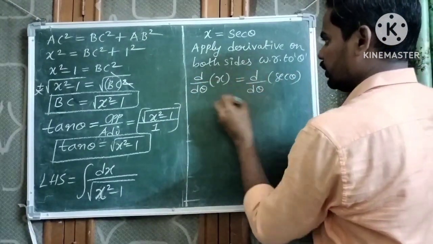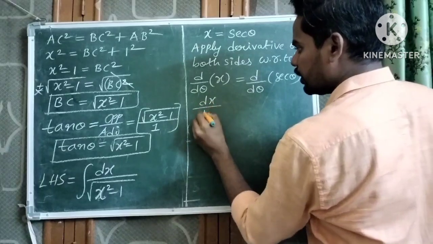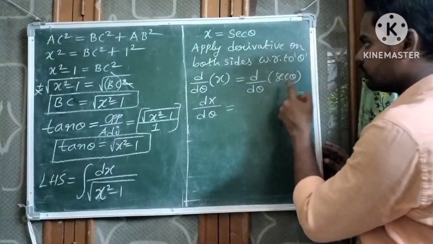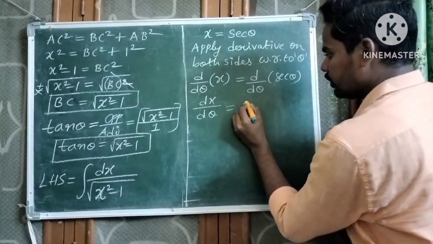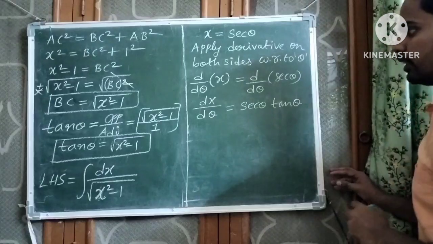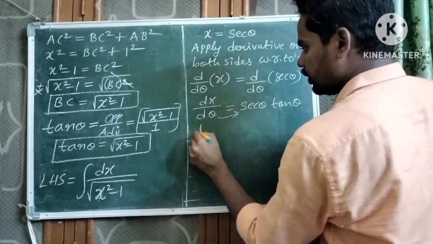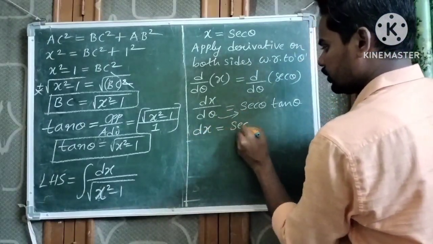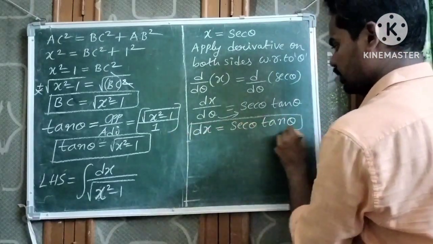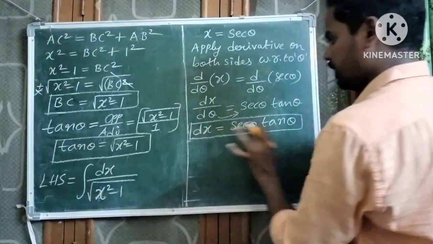So this is dx by d theta. What is the derivative of secant theta? Secant theta tan theta. Now transposing d theta, dx is equal to secant theta tan theta d theta. Okay, now this is the expression for dx.